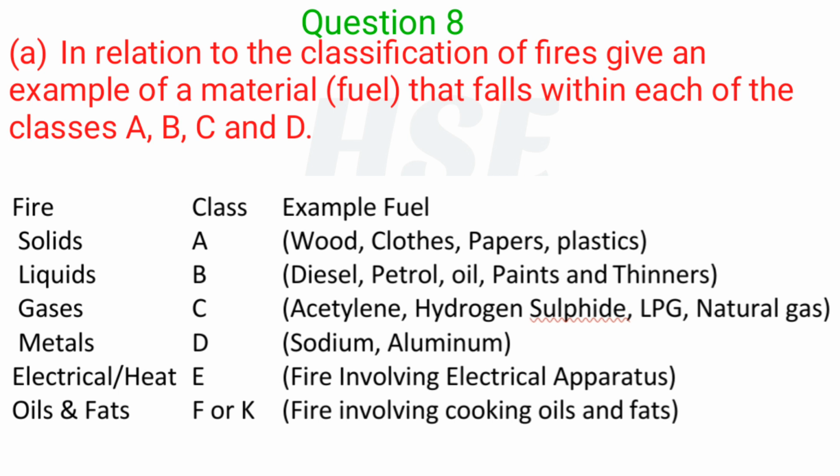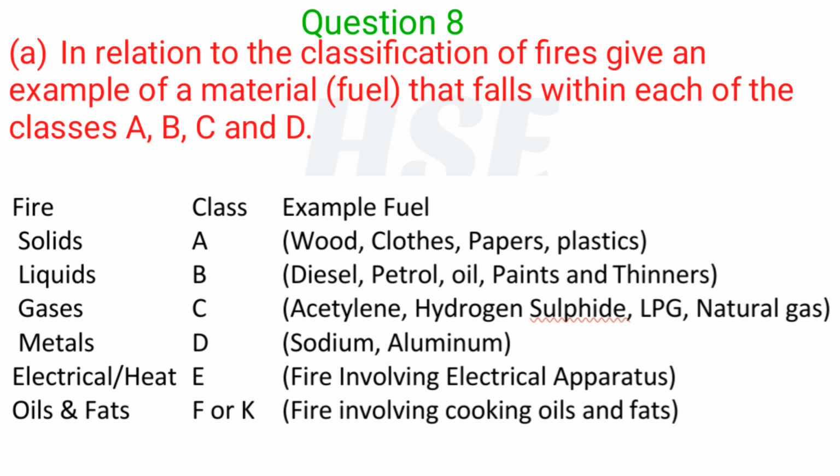Question 8. A. In relation to the classification of fires, give an example of a material, fuel, that falls within each of the classes A, B, C and D. Fire class, example fuel. Solids: A. Wood, clothes, papers, plastics.